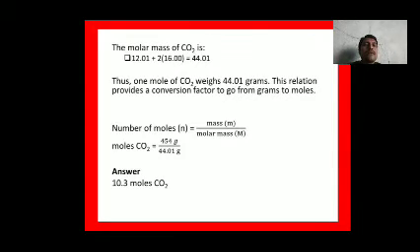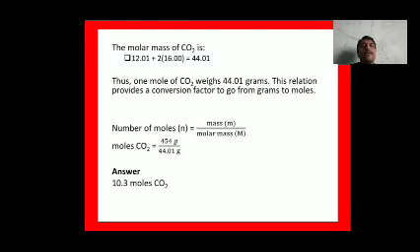The molar mass of CO2 is 1 carbon, 2 oxygen: 1 into 12.01 plus 2 into 16, 12.01 plus 32, that is equal to 44.01. Thus, 1 mole of CO2 weighs 44.01 grams.